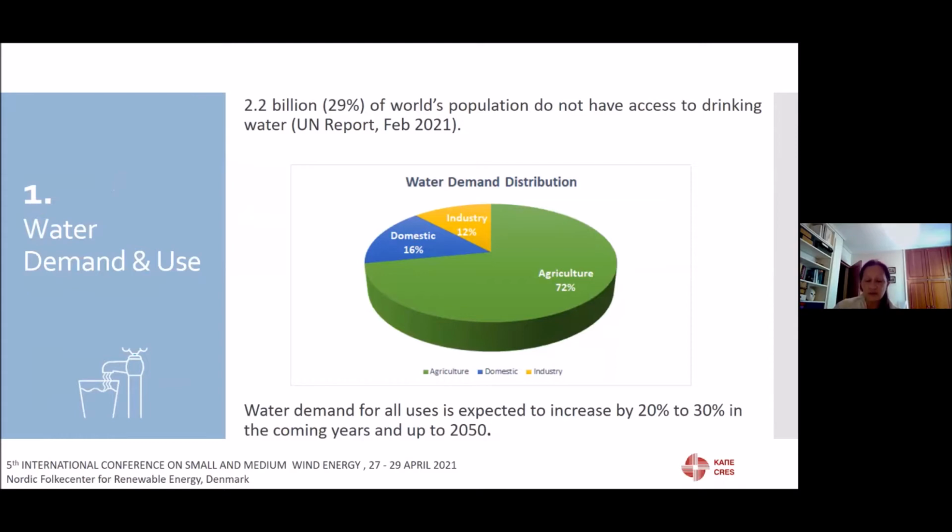However, according to a recent report, 2.2 billion people still do not have access to drinking water. As we can see in the figure, a large amount of the water resources is consumed for agricultural needs, while a further increase for all the water demands, industry, domestic and agriculture, is expected for the coming years and up to 2050.